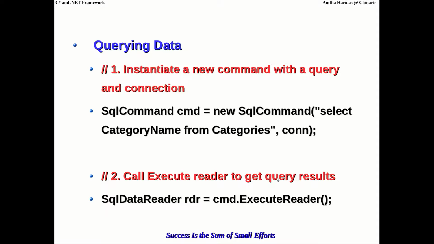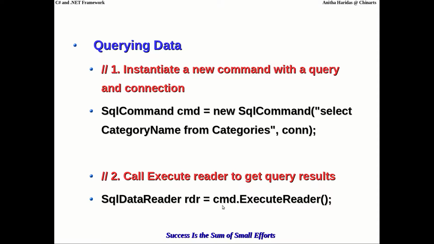Remember, if you are going to retrieve the data, a selection procedure is the one you are going to do. Then you will be using the execute reader. I am using the select query. A select query retrieves the data from the database. So I need a reader. That is why you are using the execute reader method.